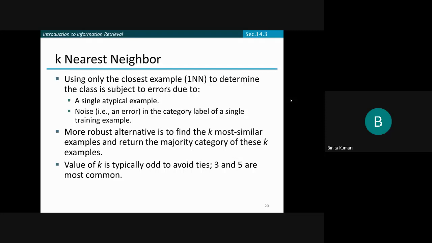So we should not take, like, 8 documents where 4 belong to one class and the rest 4 belong to another class. Then chances are there may be a tie, and the same confusion will be there as to which class the new document should belong to.